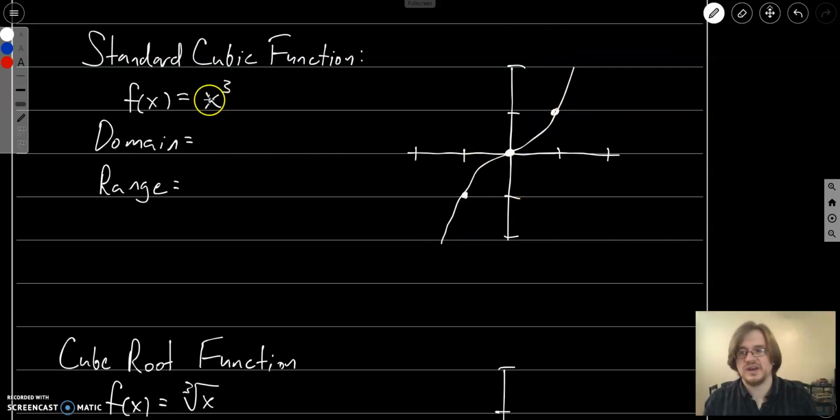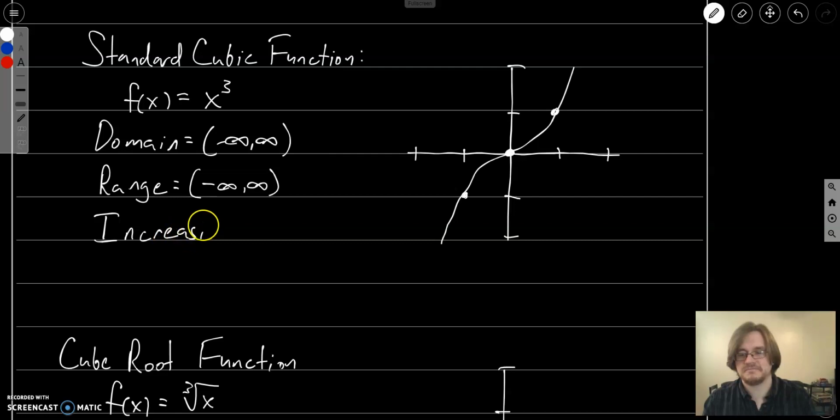The domain, what numbers can we cube? Well, we can cube any numbers that we want. So the domain is the entire x-axis. The range, well, we can get any height that we want as well. So any y value is possible. And as we move from left to right, the function is always increasing.